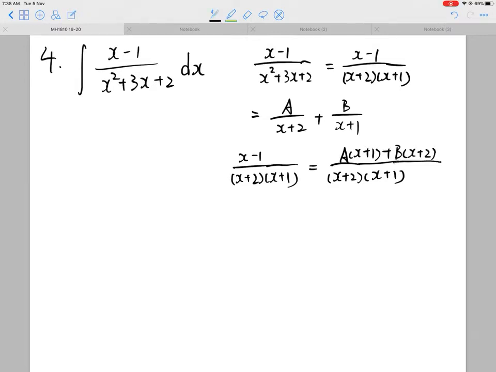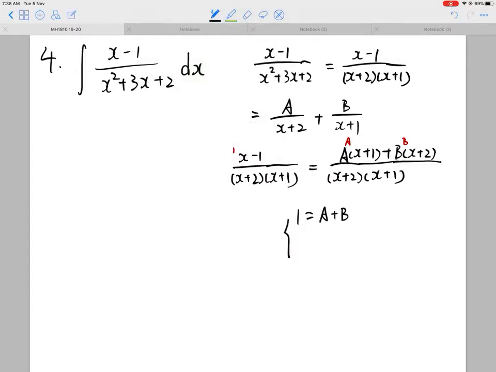Okay, so now you can check the coefficient of x. Here it is 1. Here the coefficient of x is a plus b. So your first equation, because left equals right, is 1 equals a plus b.